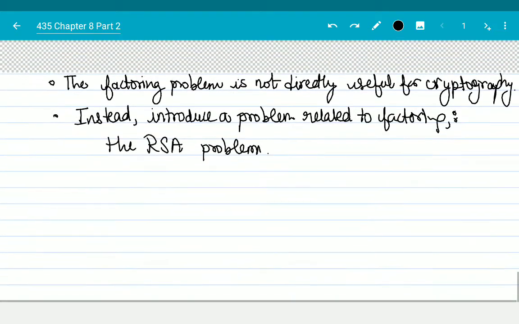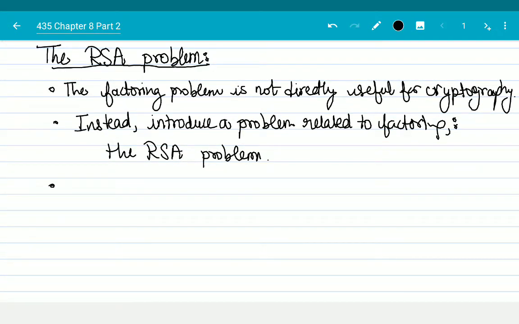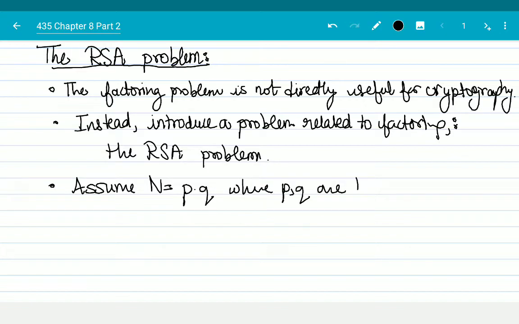So what is the RSA problem? Well, for now, assume n is equal to pq, where p and q are distinct primes. Zn would be our standard Zn.